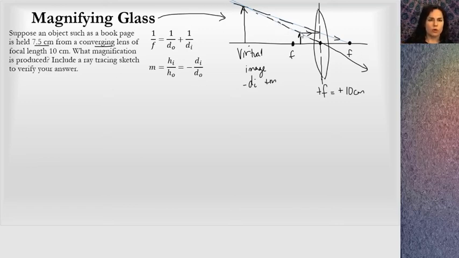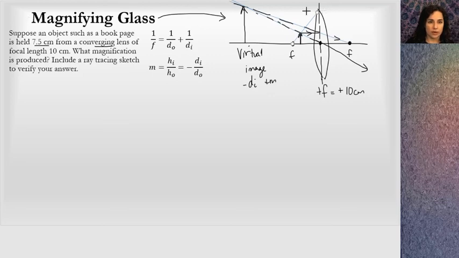Let's do one more. One more would look like this. I would line up the focal point, the other focal point. Remember, I already used this one in my first ray. So I have to use the second focal point, and I would line it up with the tip of that object and make it head towards the lens halfway through. Once it gets there, what I'm going to do is send it out parallel to the central axis.